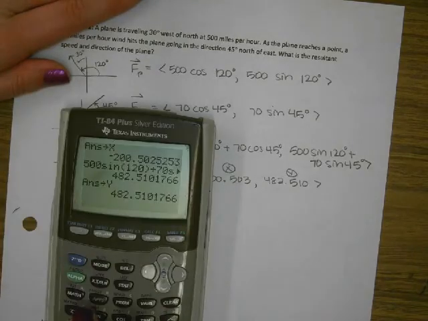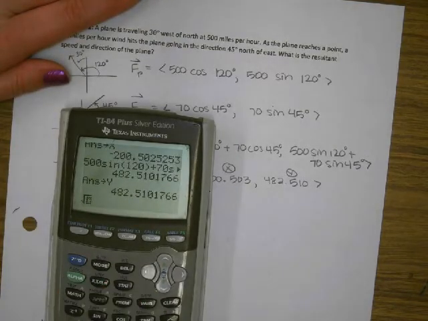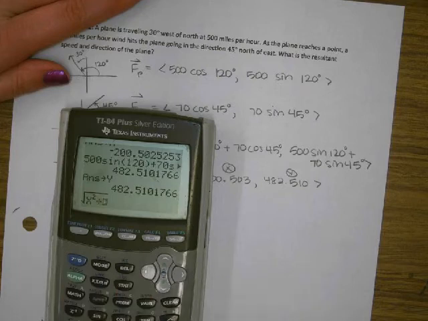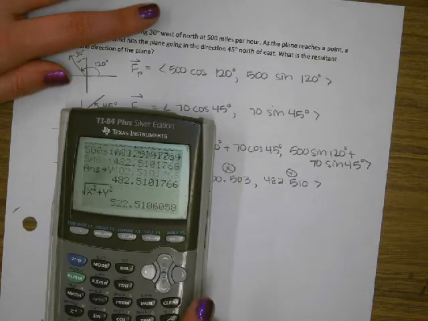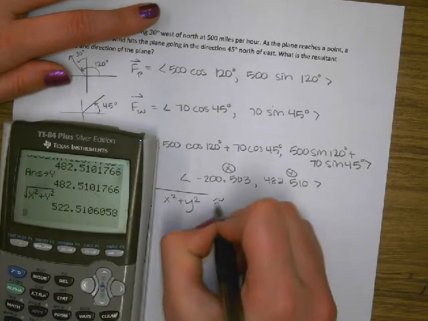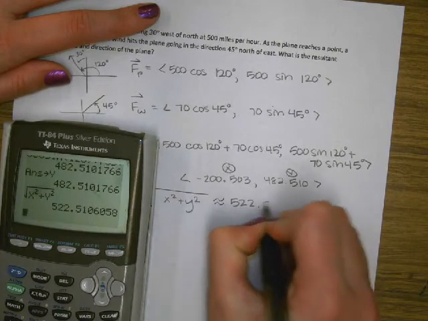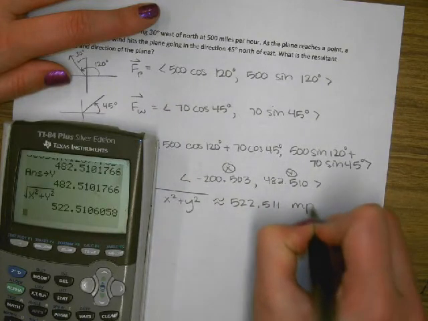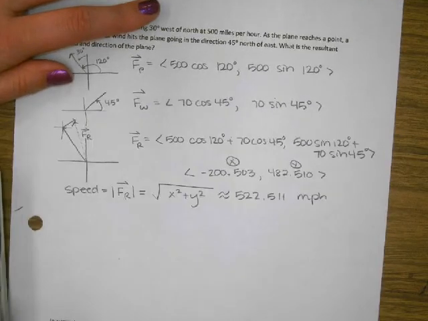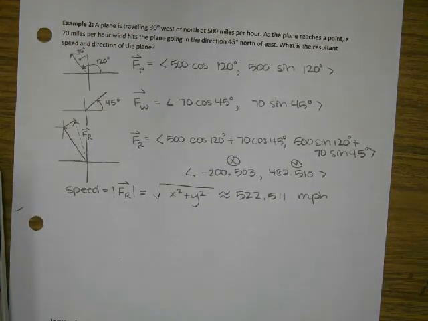So the actual speed of the plane is 522.511 miles per hour. So that means the wind is pushing the plane along a little bit faster than it was naturally going on its own.